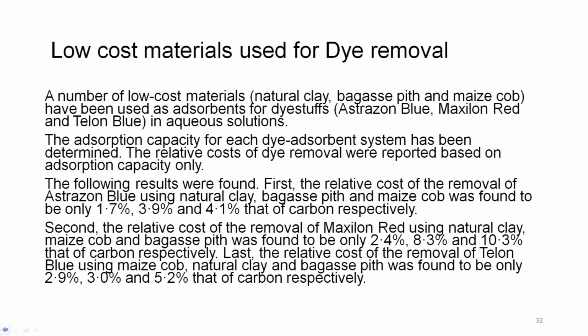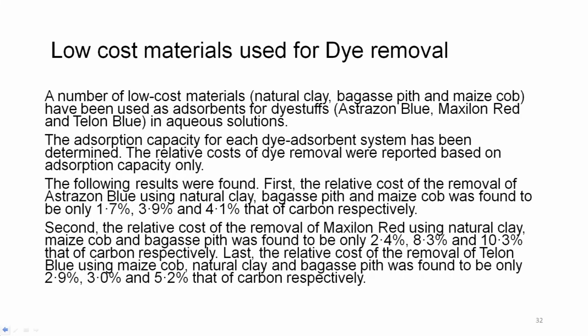First, the relative cost of the removal of Astrazone Blue using natural clay, bagasse pith and maize cob was found to be 1.7%, 3.9% and 4.1% that of carbon respectively. Second, the relative cost of removal of Maxilon Red using natural clay, maize cob and bagasse pith was found to be 2.4%, 8.3% and 10.3% that of carbon respectively.